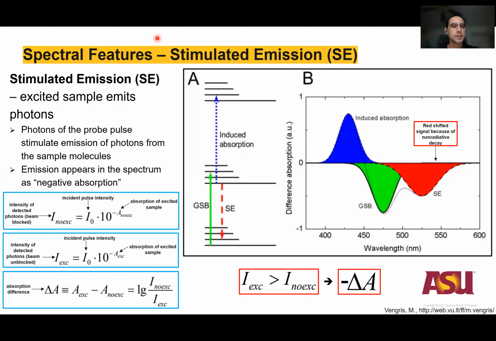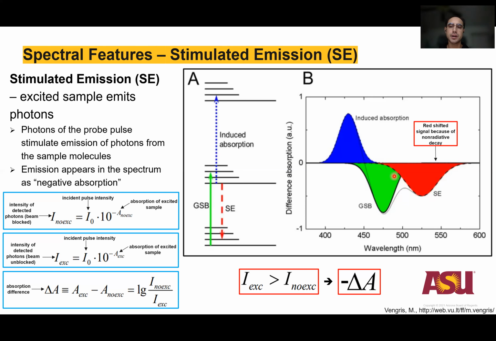And then for stimulated emission, like I said, if your sample is photoluminescent, then it's going to emit photons. So in this case, stimulated emission is also going to be a negative contribution to your absorption signal, because since we're measuring absorption, if your sample is emitting photons, then you're sending more photons to the detector, and so that's going to appear in your data as a negative contribution to the signal.